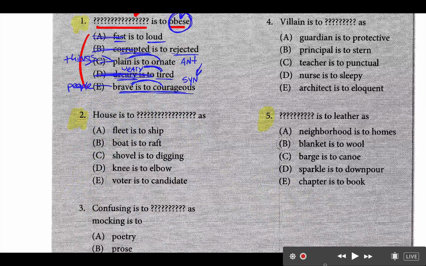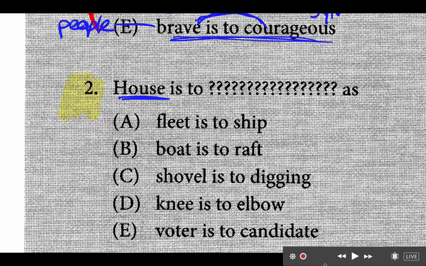Okay, this is actually a great one. House is to blank. Okay, well, first thing that we can do is eliminate any choices that don't seem to have a clear relationship. And I can actually think of relationships for all 5 of these.